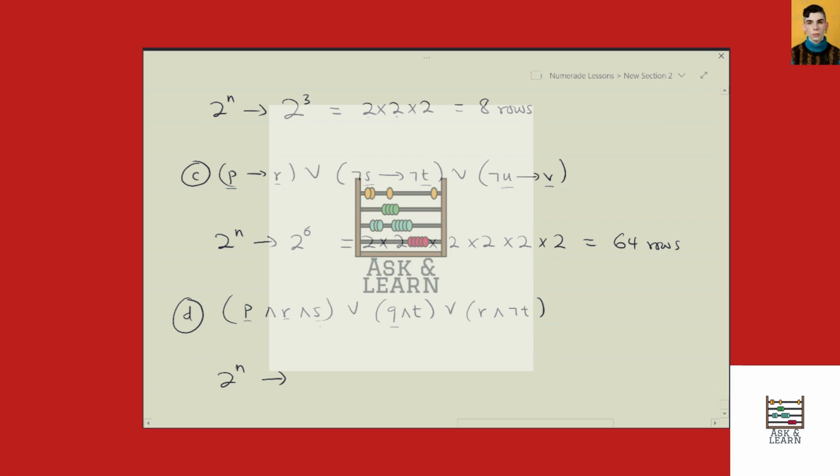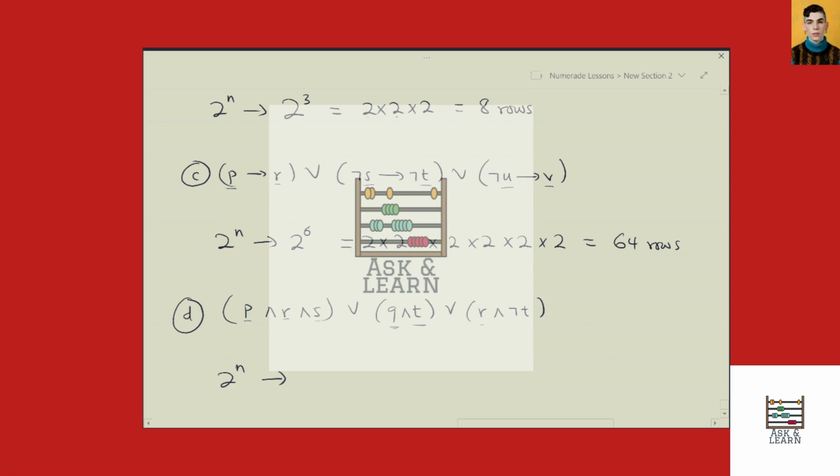One, two, three, four, and five. Okay, so you have one, two, three, four, and five. The repeated ones have been counted already.